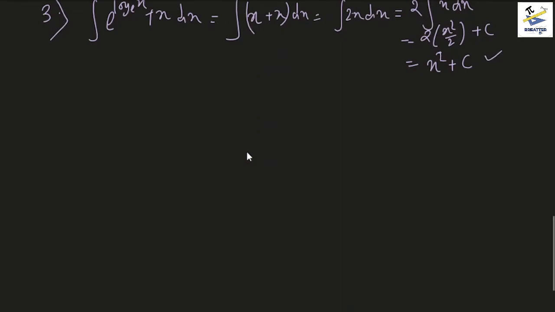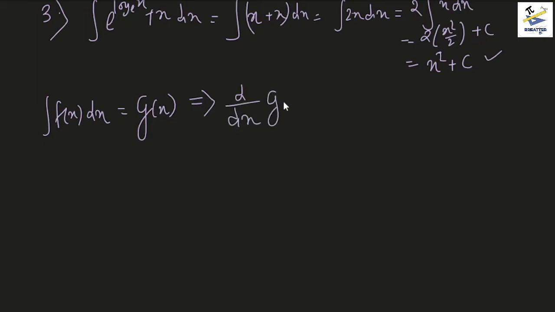So when integrating, obviously you are trying to find a function which when differentiated will give you back the integrand, right? So if you're trying to integrate some f(x) dx and what you get in answer is a function g(x), what you actually mean is when you differentiate g(x), you should get back the function f(x), right?